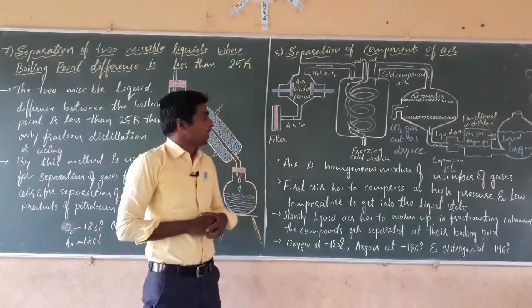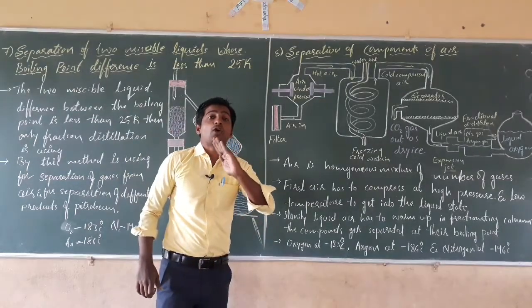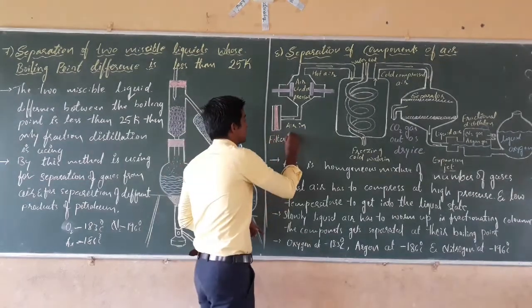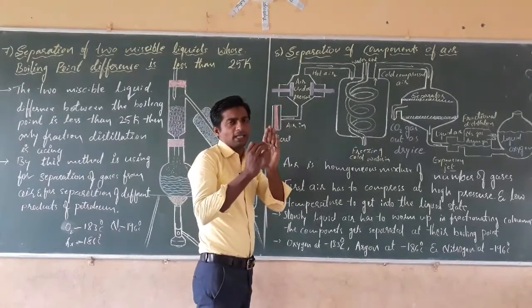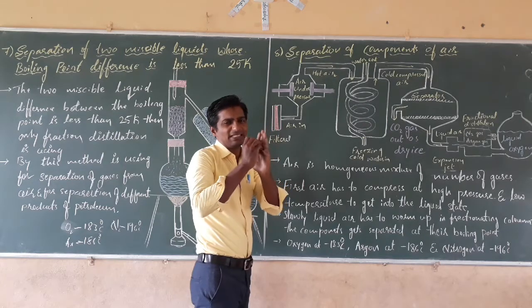At that time, we have to make the air free of dust and water droplets by using a filter. From the air, dust and water droplets will be removed completely.